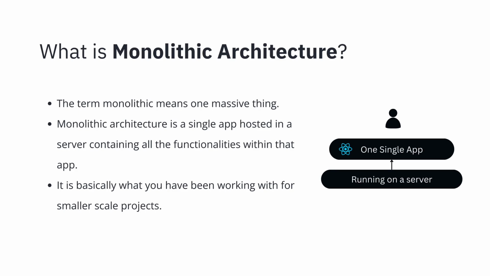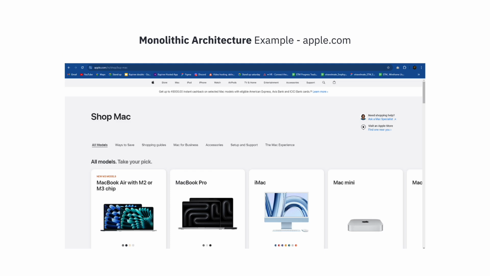Previously, even larger scale companies were using one single app to run all their functionalities. One example of monolithic architecture would be Apple.com, where there is not much going on. It is just an e-commerce website with limited functionalities, so the scale is really small.